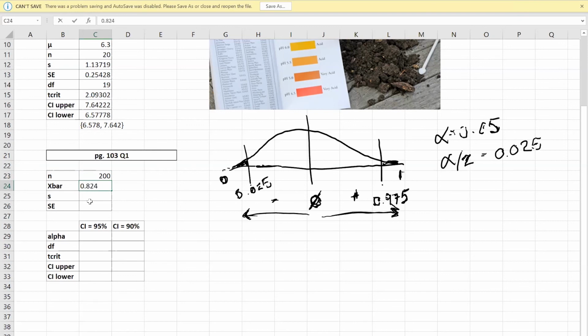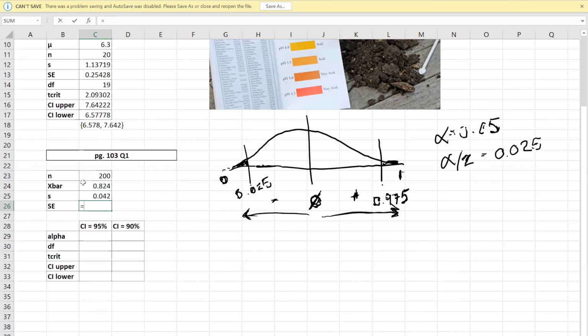Our standard deviation is 0.042. Find the 90 and 95% confidence limits for the weight of the salmon eggs.